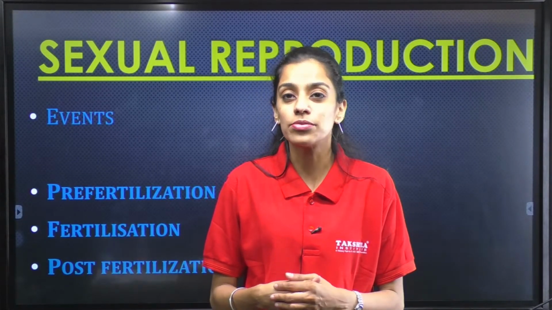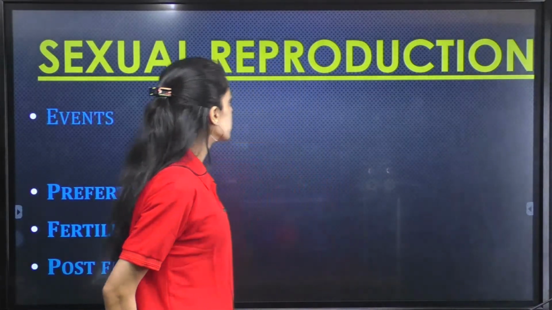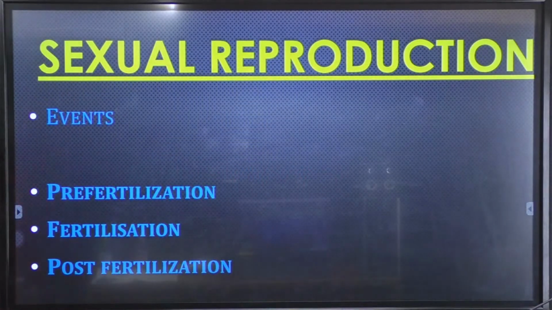So once they start forming the different gametes, those gametes will fuse together to form a complete new organism. So sexual mode of reproduction is biparental in nature. So you will always require two kinds of parents.